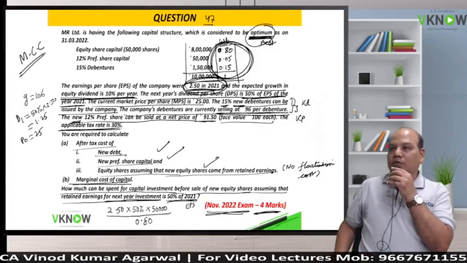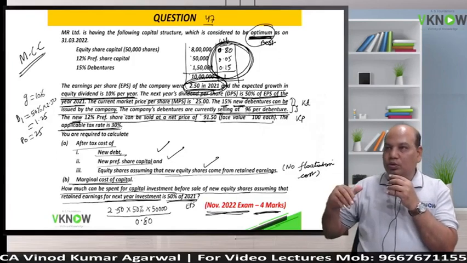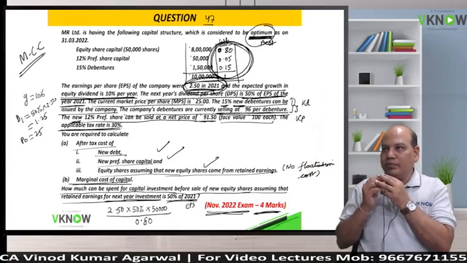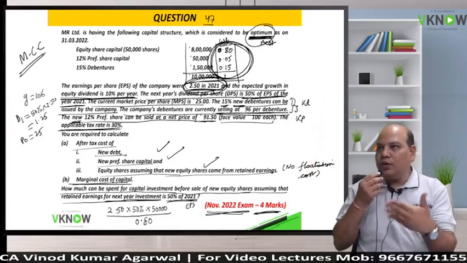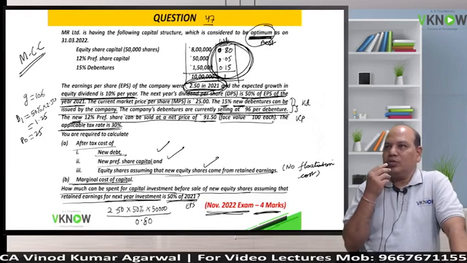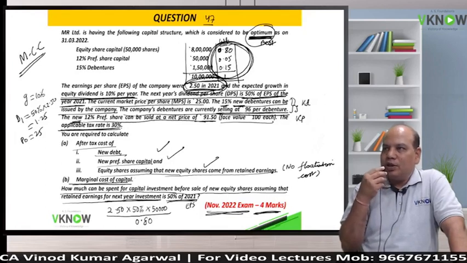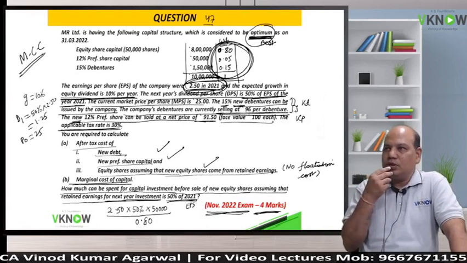So that will give you the amount that can be spent on capital expenditure without issuing fresh share, because you can finance it out of retained earning. So first calculate how much retained earning is available, divide by proportion of retained earning. That will give you the value of capital investment without issuing fresh equity shares.